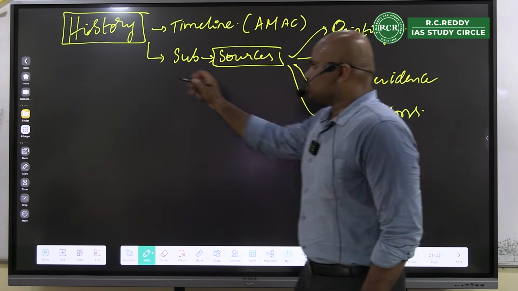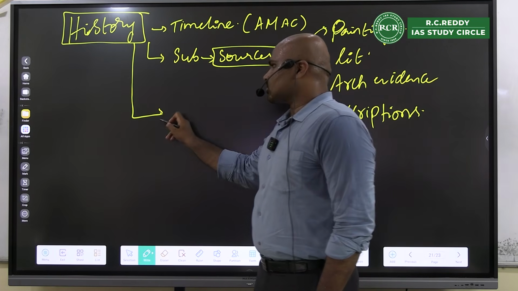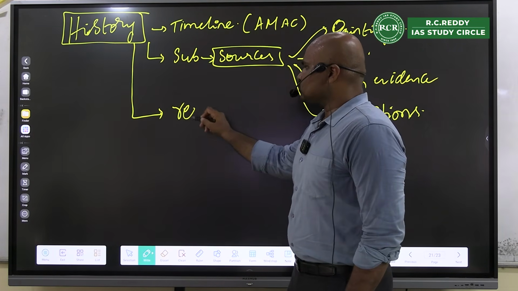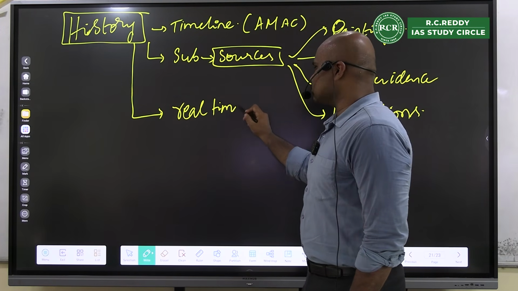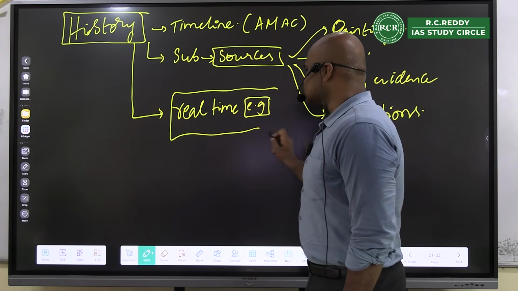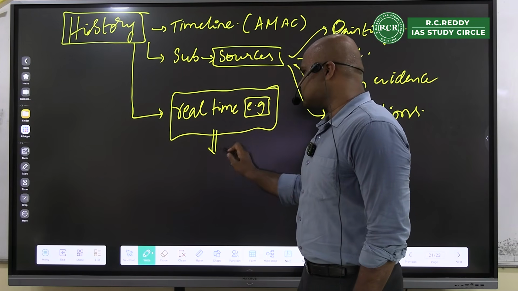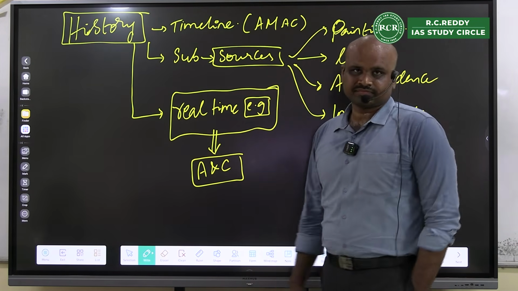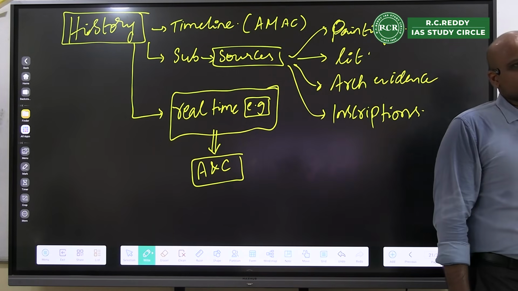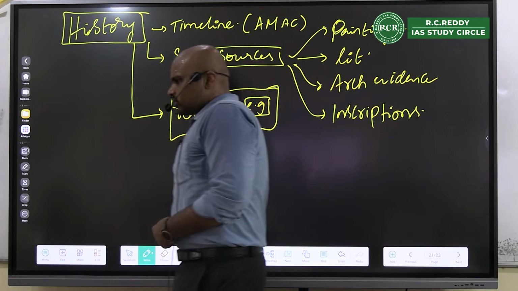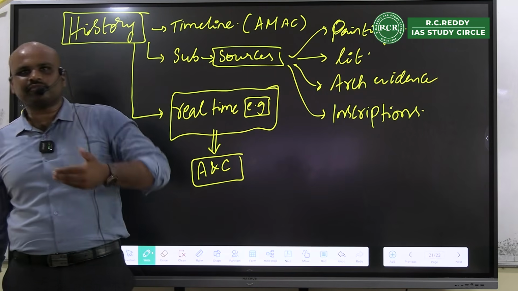The third aspect that you need to remember whenever you are talking about history is to kindly ensure real-time examples. When I say real-time examples, one thing is very clear. This is very, very important in the context of art and culture. Suppose there is a question on painting, and you might be writing the characteristic features of painting.